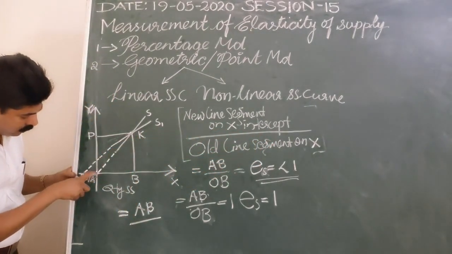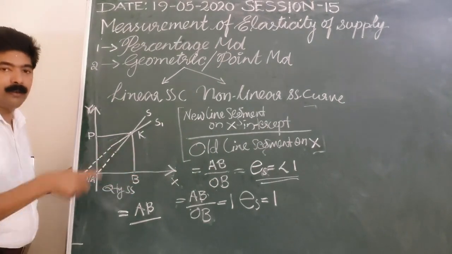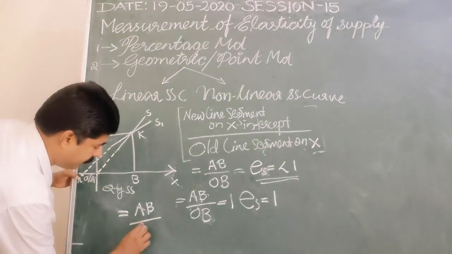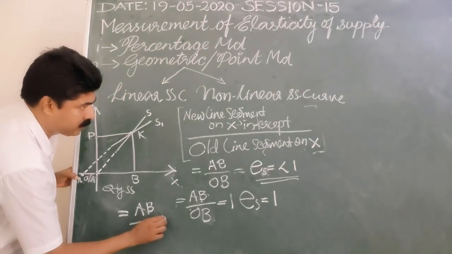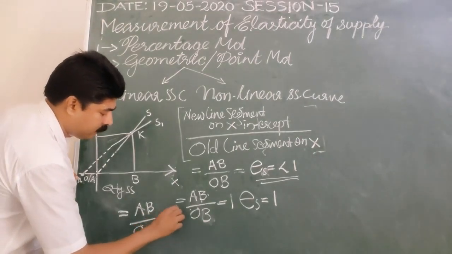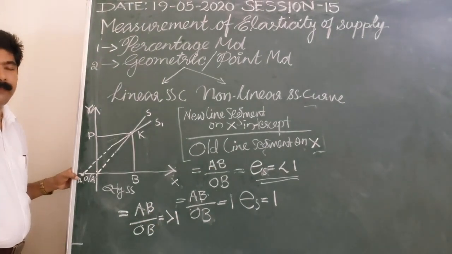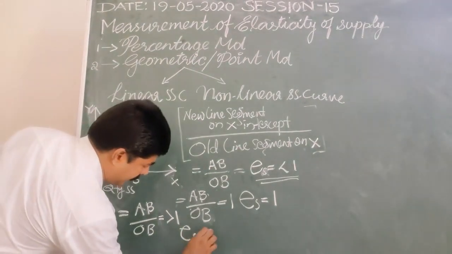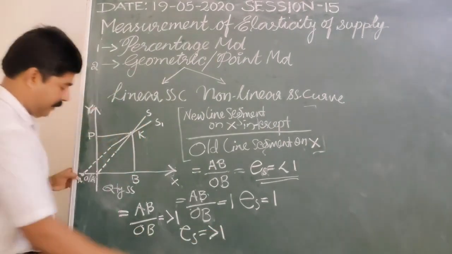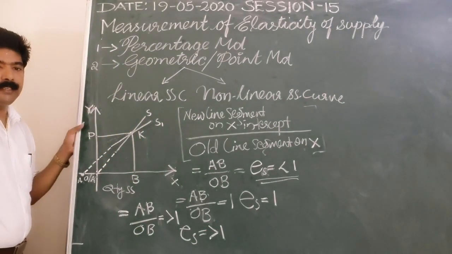What is the old line? Old is OB. Very good. Then we will get the value greater than 1. Clear? So price elasticity of supply in that case is greater than 1. So guys, okay, I repeat here.